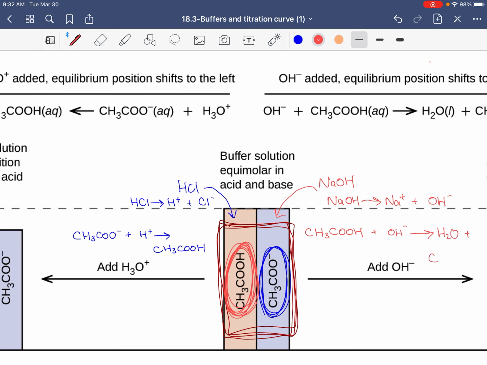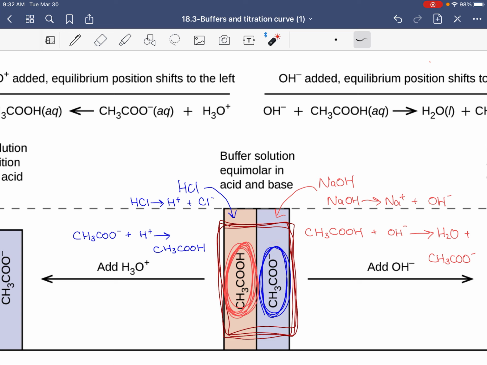Plus acetate. Okay? See? You drop OH in here, no big deal. I will pick it up and turn it into water, which is neutral. And I'm going to make acetate. No big deal, because, hey, my buffer solution has acetate anyway.